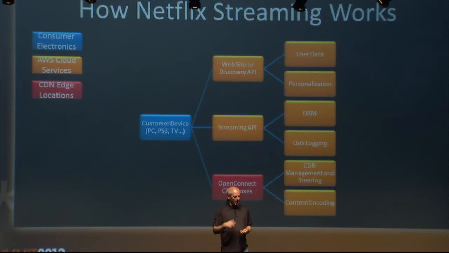And then behind OpenConnect, the CDN boxes, the health of all of our CDN boxes is also managed in a backend that does CDN management and steering and content encoding. Oh, sorry, and that's done with Cassandra. Content encoding is basically ingesting all of the movies from the studios and crunching through them. And that might be running Cassandra as well. I'm not quite sure at this point. It keeps changing. So that's how it works at the higher level.